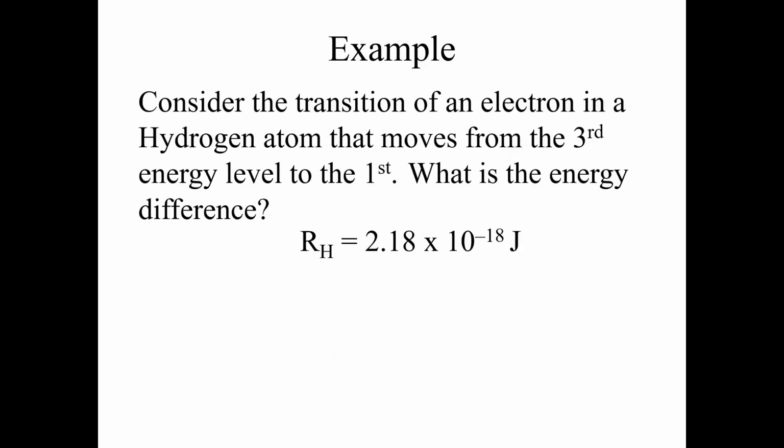Consider the transition of an electron in a hydrogen atom that moves from the third energy level to the first. So we're going from a higher to a lower level. That means we're going to release energy, so that should have a negative value. Okay.